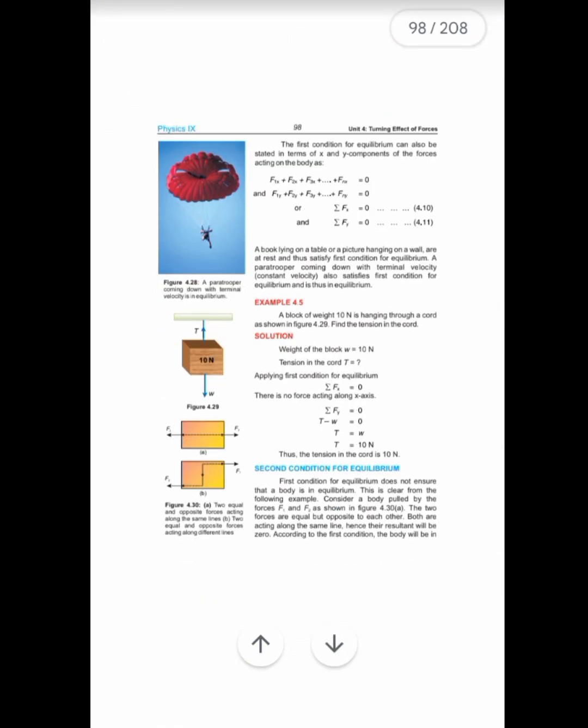The first condition of equilibrium can also be stated in terms of the x and y components of the forces acting on the body as F1x + F2x + F3x + ... + Fnx = 0 and F1y + F2y + F3y + ... + Fny = 0. That is, ΣFx = 0 and ΣFy = 0.